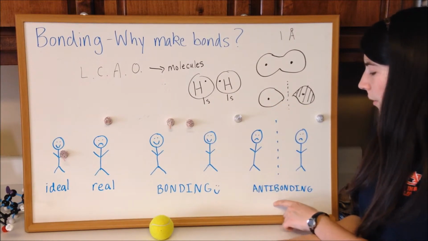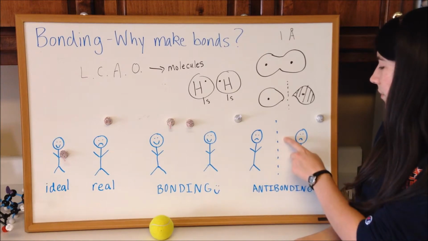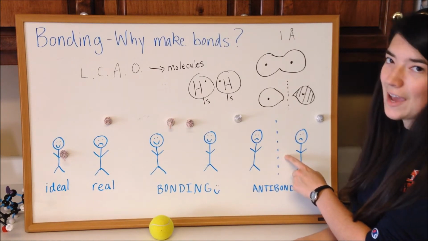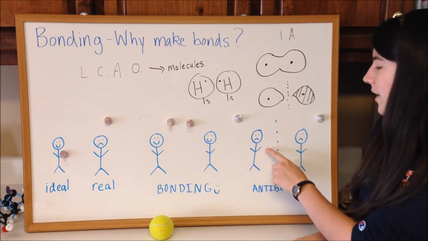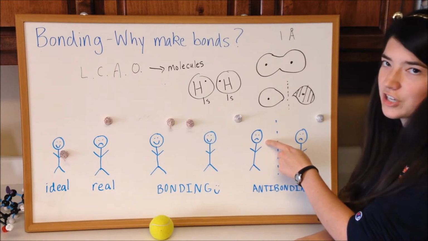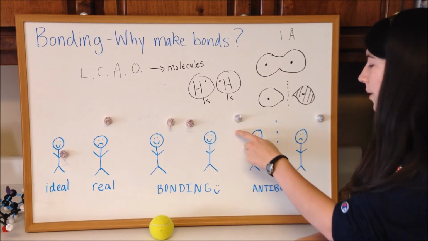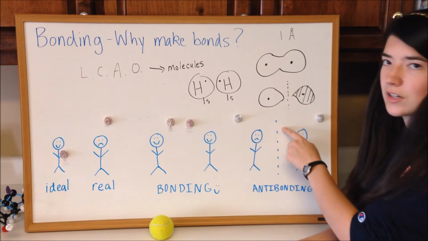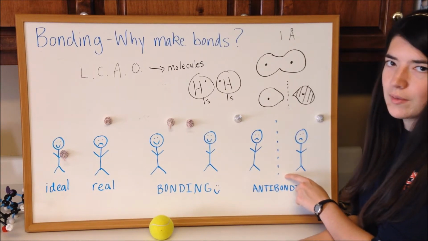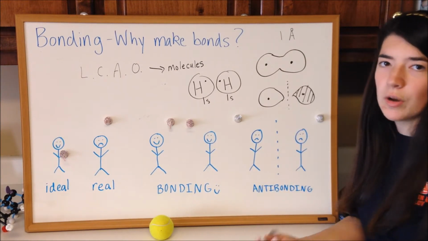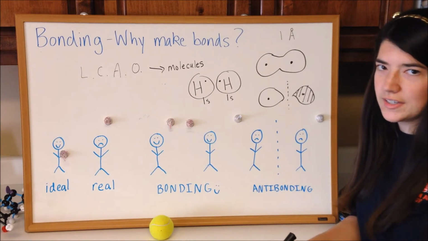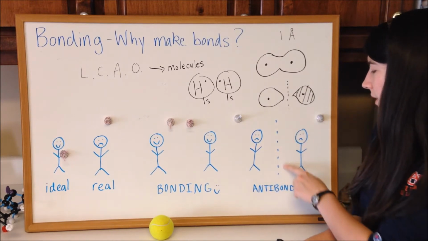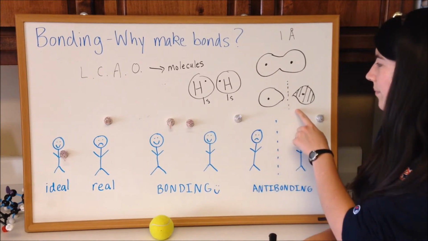And this is what we call the antibonding state. You can see here, they're not as happy as in the bonding, because each nucleus, here each kid, only gets to see one piece of candy, because there's what's called a node between them. A node is just an area where you don't have any electron density. It's an area of zero density right there that separates them.